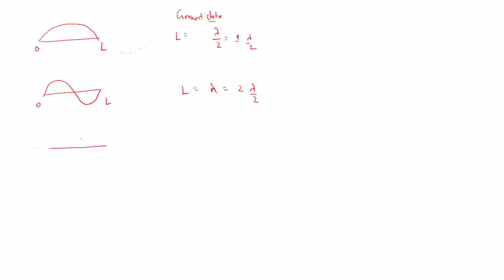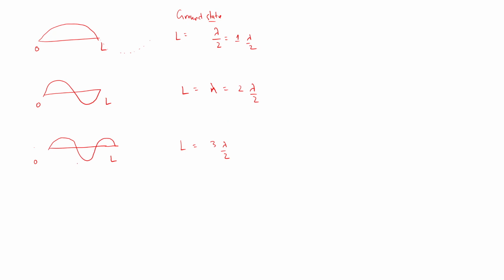Then the next excited state. Why are we doing this? Because we want to count the number of states, and from there we will count the number of electrons. From 0 to L, now there are three half wavelengths, so here L is equal to 3 lambda by 2.